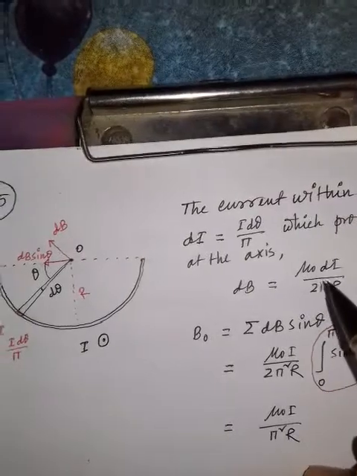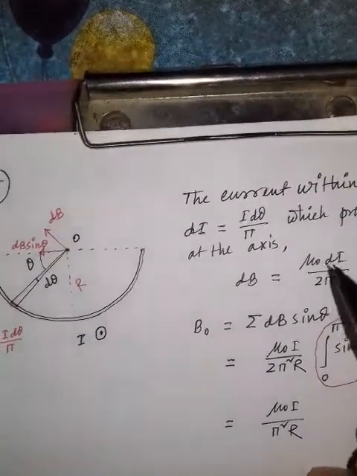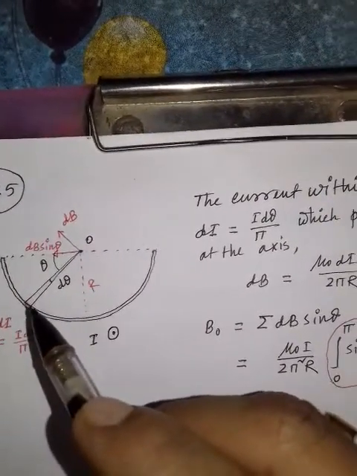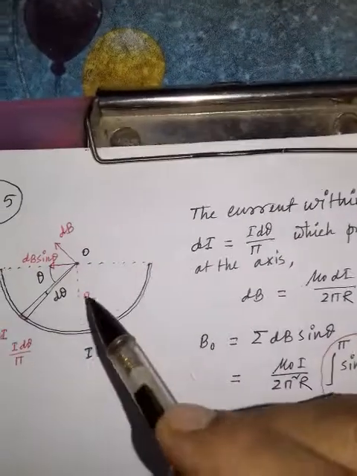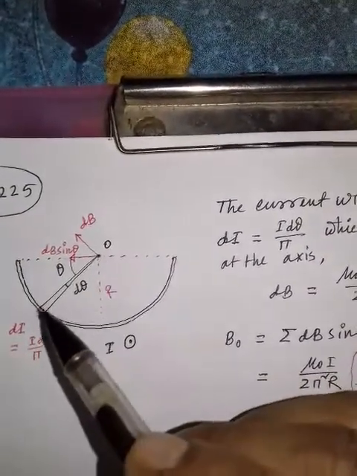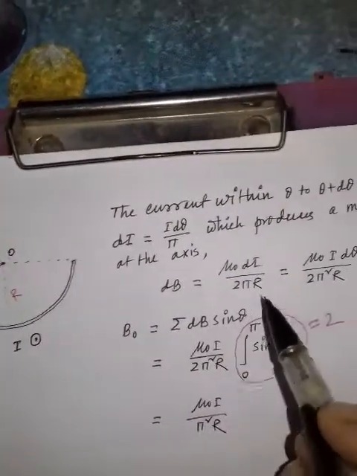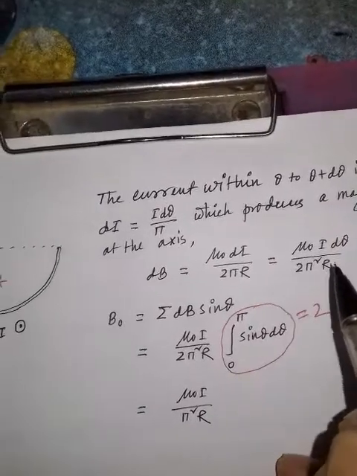This is the expression of magnetic field produced by a very long conducting wire, because this strip has now become a very long conducting wire. So the elementary magnetic field produced by this elementary portion of this conductor takes the form mu naught I d theta by 2 pi square r.